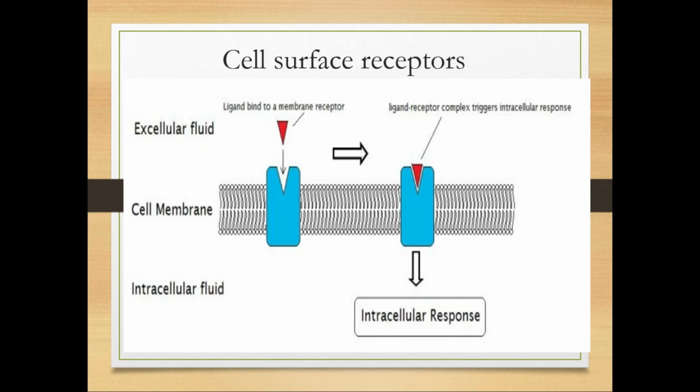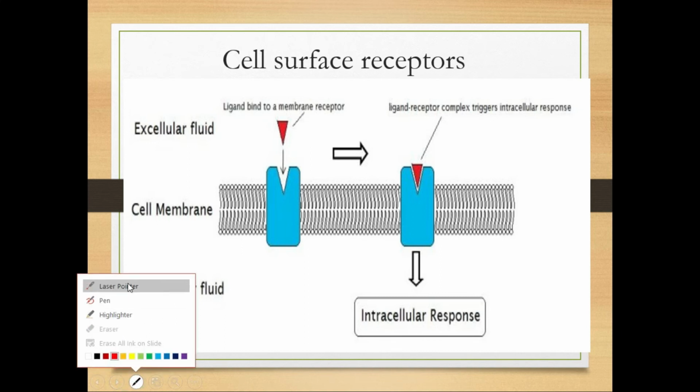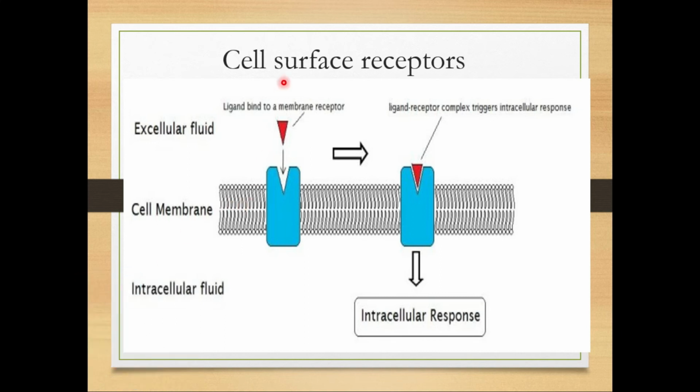When a hormone is released from its respective endocrine gland, it binds with the specific receptors present on the cell surface. As a result, it makes a cell surface receptor complex. So we can call it a ligand receptor complex, which triggers an intracellular response.